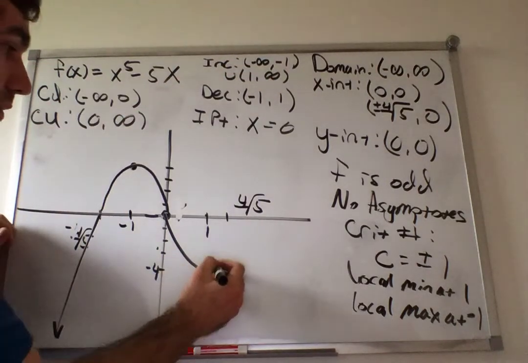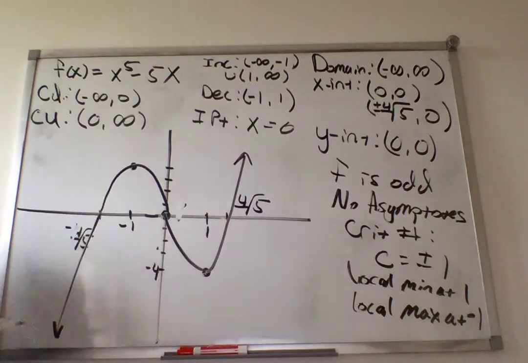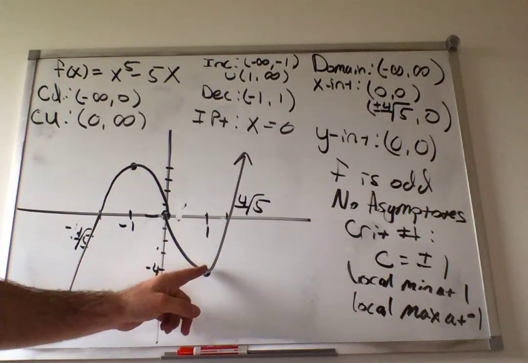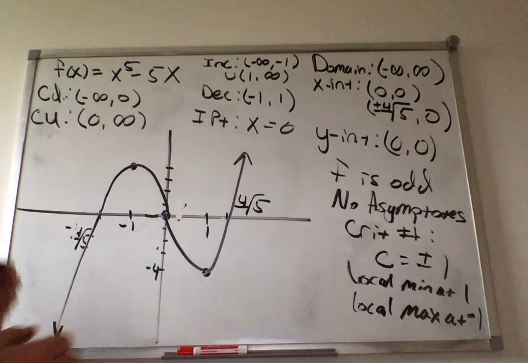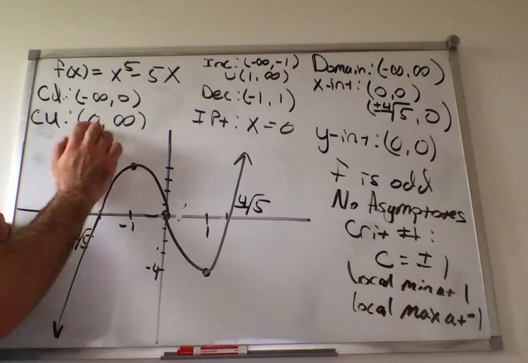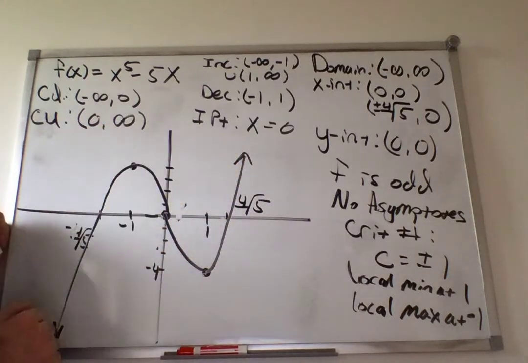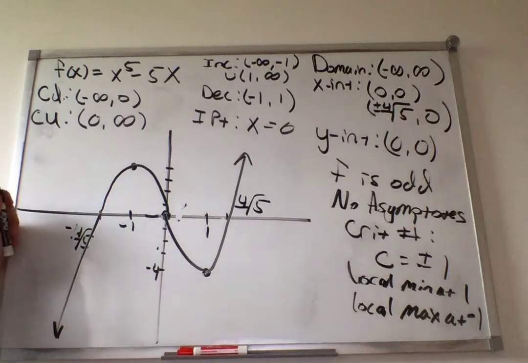And then it passes through my other x-intercept, and I'm increasing again from 1 to infinity. Not only that, you could see it's concave up from 0 to infinity. Okay? So this would be the graph of the function.